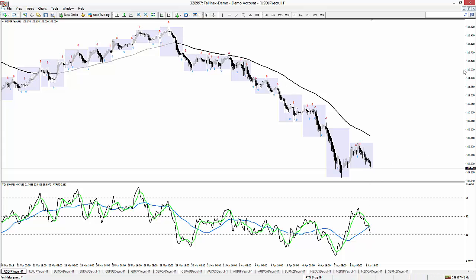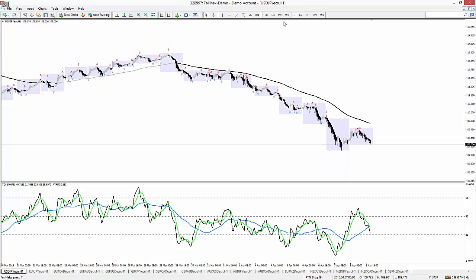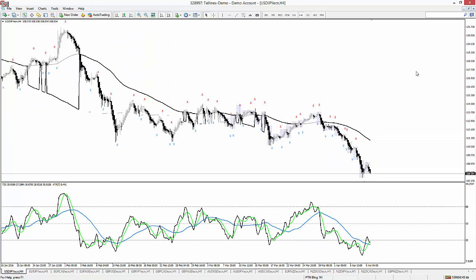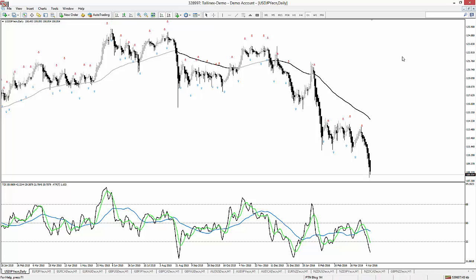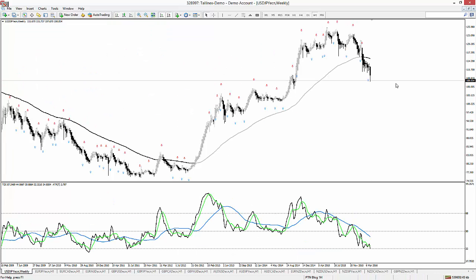They say we're going to go down here to 105. I'm just looking at all these time frames. It could go to 105. Major resistance here from 2013. So we shall see.